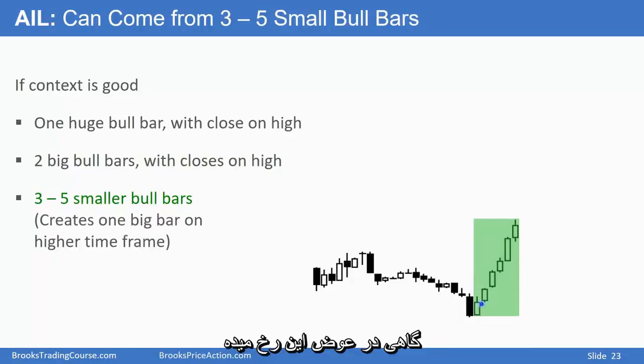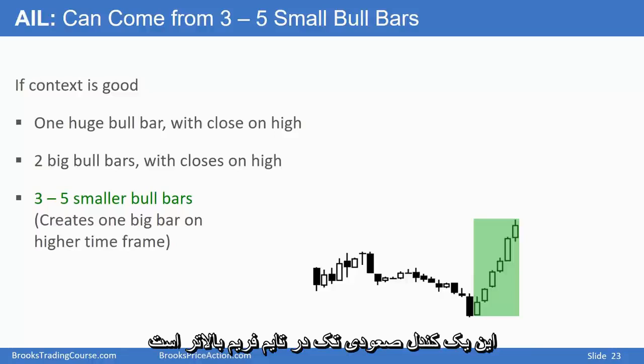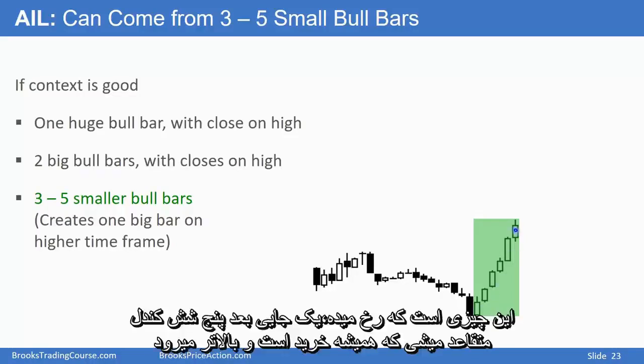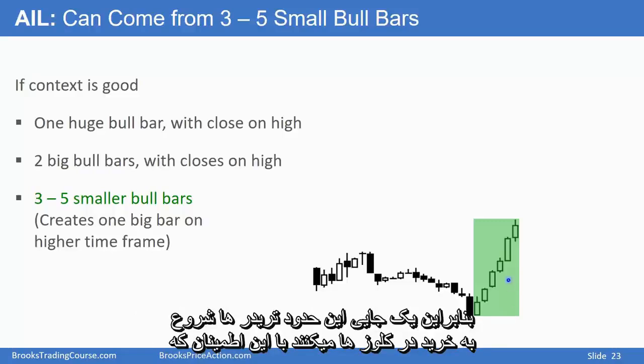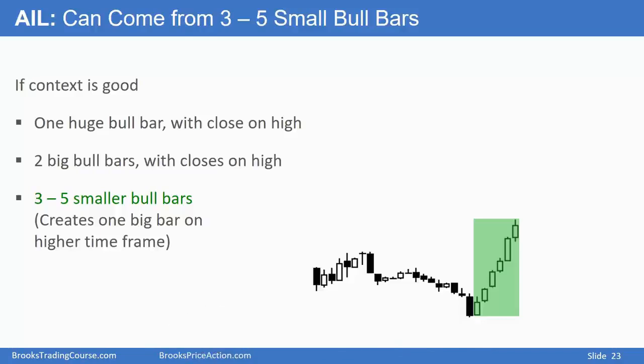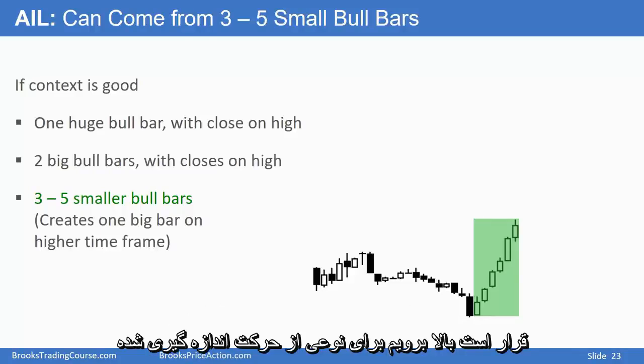Sometimes you get this instead, 3, 4, 5 consecutive bull bars. It's a single big bull bar on a higher time frame chart, but sometimes this is what you get. When you get this somewhere after the 4th, 5th, or 6th bull bar, you say, yeah, I think it's always in long, and I think it's going higher. So somewhere in here, traders are beginning to buy closes, betting that we're going to go up for some kind of a measured move.